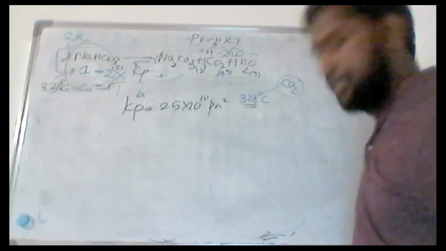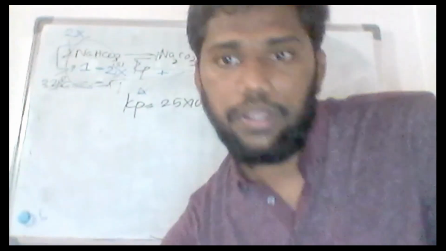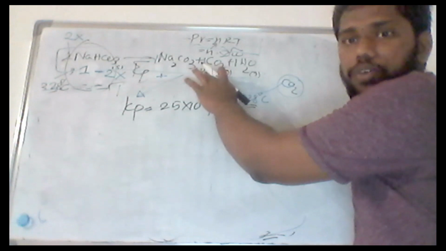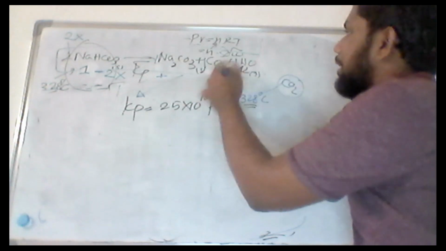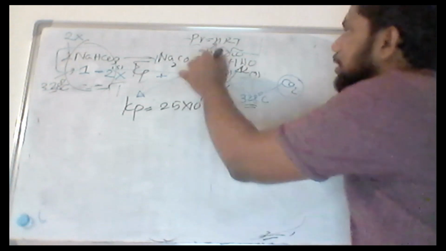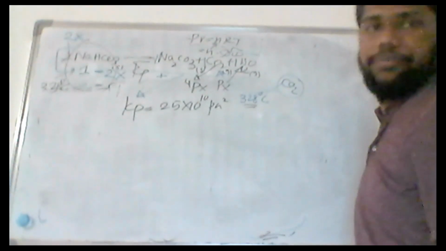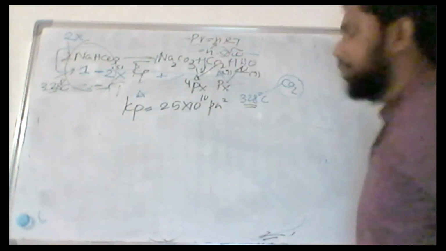And they have given that at this new equilibrium, the partial pressure of CO2 was 4 times the partial pressure of water. So if you take this partial pressure of H2O as Px, carbon dioxide will be 4Px. That is the only thing that you can get from this description, right? Then they are telling us to find the partial pressure of H2O and CO2.